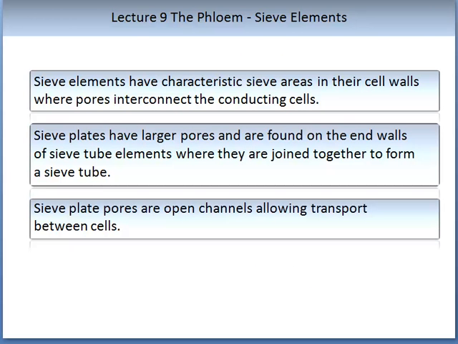Sieve elements have characteristic sieve areas in their cell walls where pores interconnect the connecting cells. Sieve plates have larger pores and are found on the end walls of the sieve tube elements, where they are joined together to form a sieve tube. Sieve plate pores are open channels allowing transport between cells.